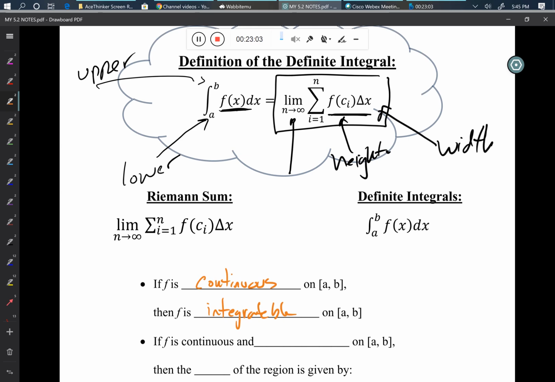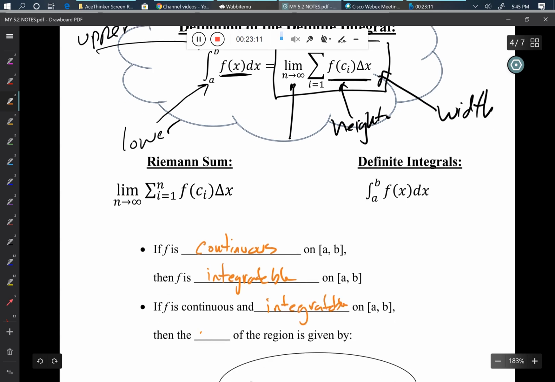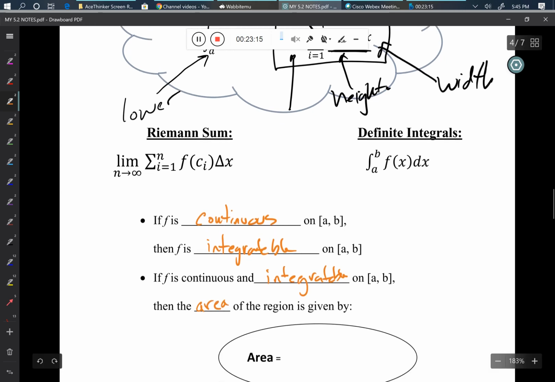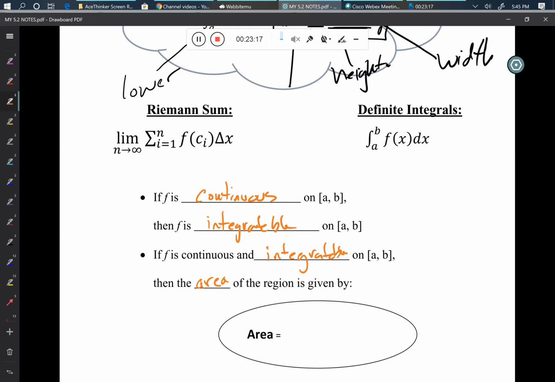If it's continuous and integrable, then the area of that region can be given by the integral from a to b of f of x dx.